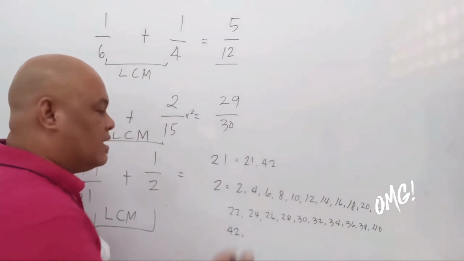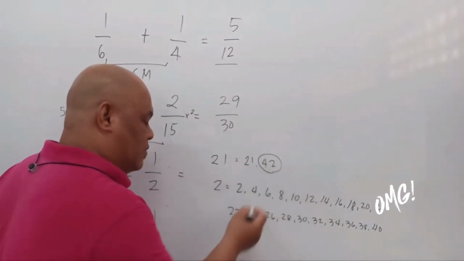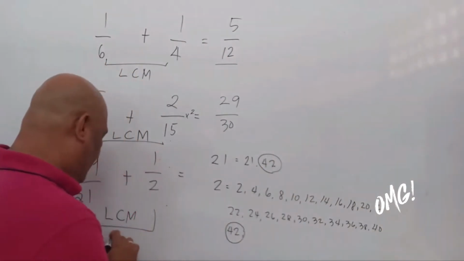We get the common multiple, and that is 42.